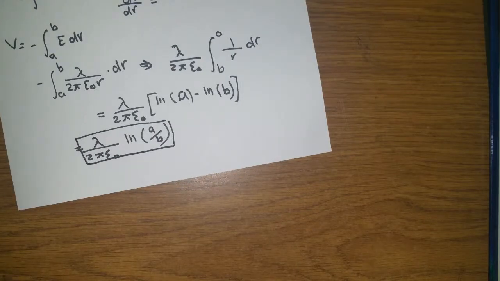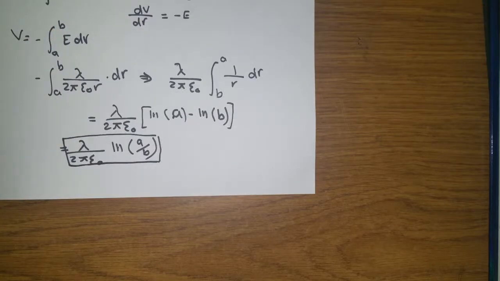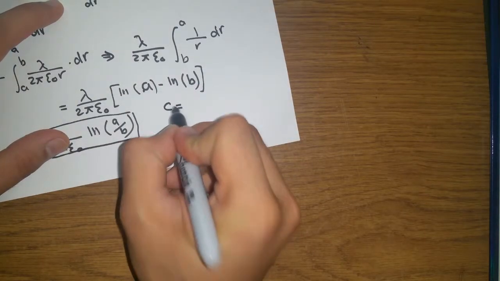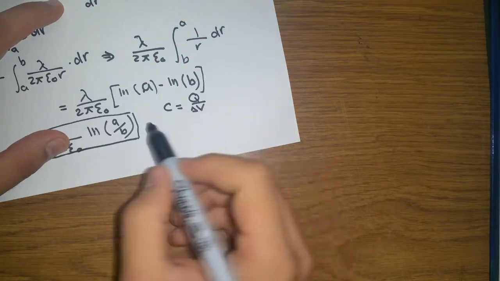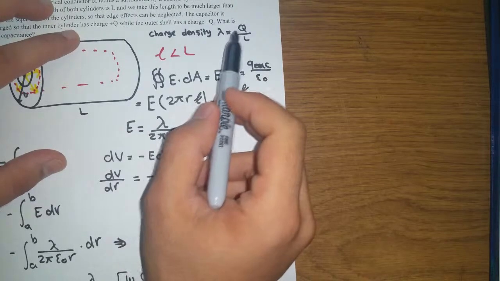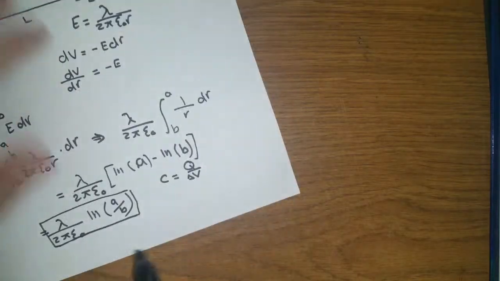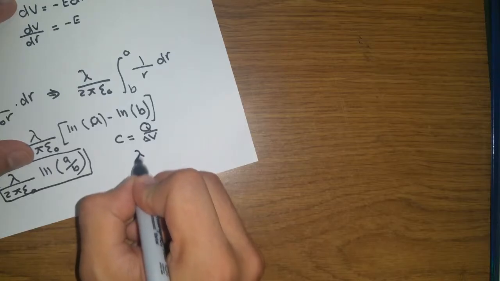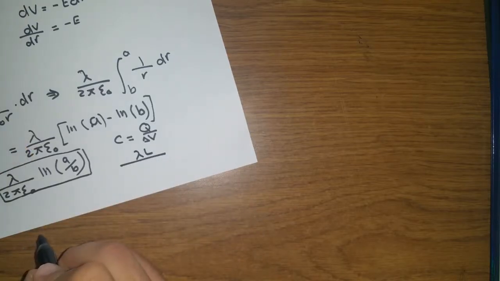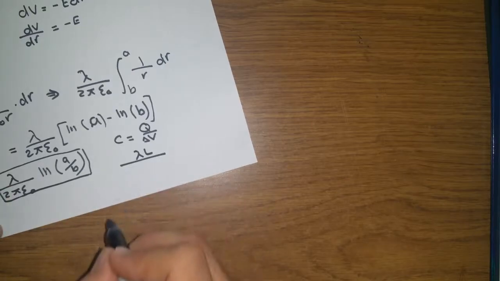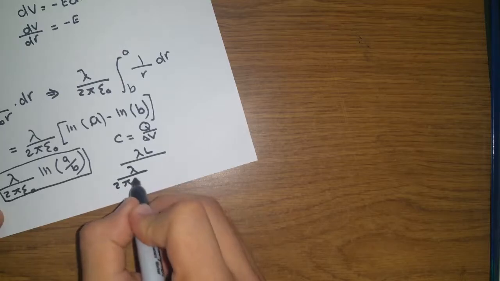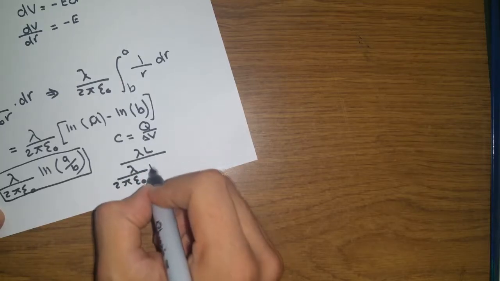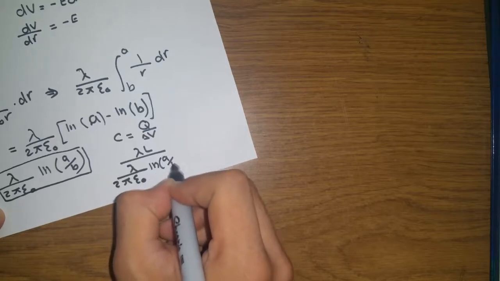Now step 3, which is to find the capacitance of the capacitor, and we know that C is equal to Q over delta V, and we know that Q, as we said earlier, is equal to lambda times L. So lambda times L over delta V, which we found here, that is lambda over 2 pi epsilon naught times natural log of a over b.